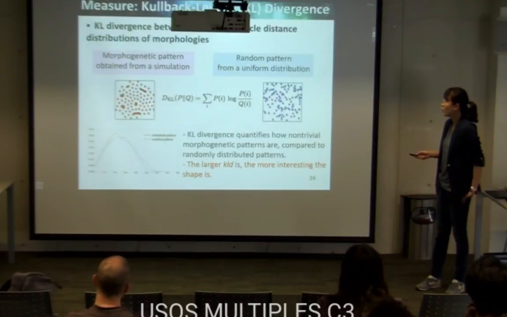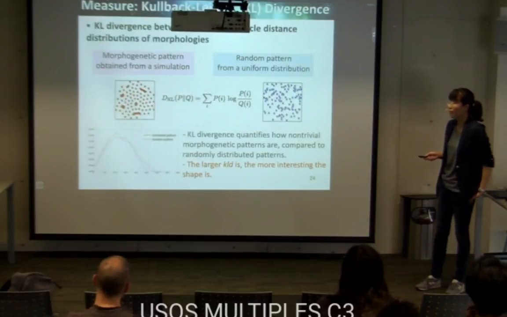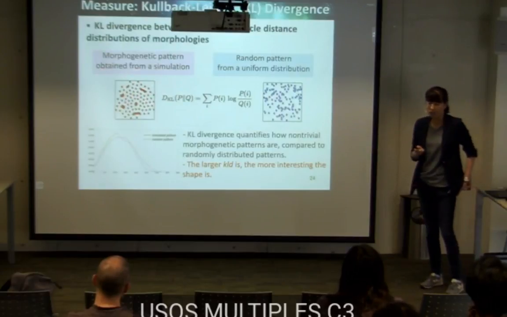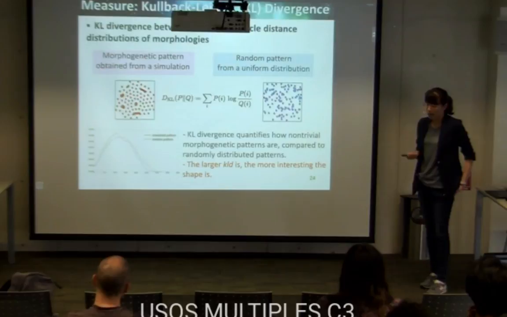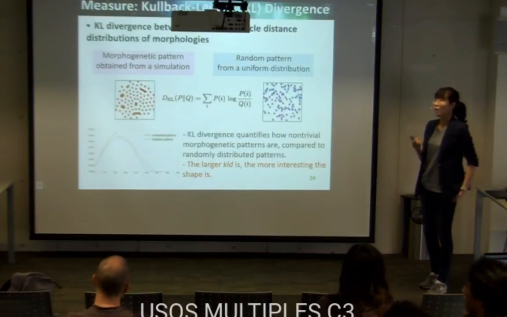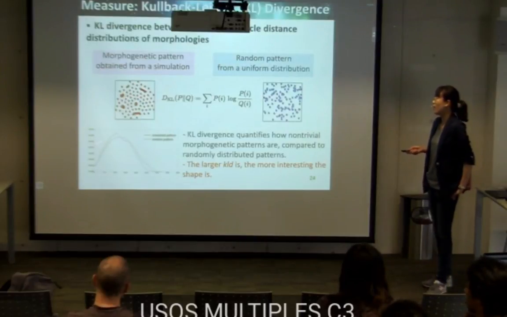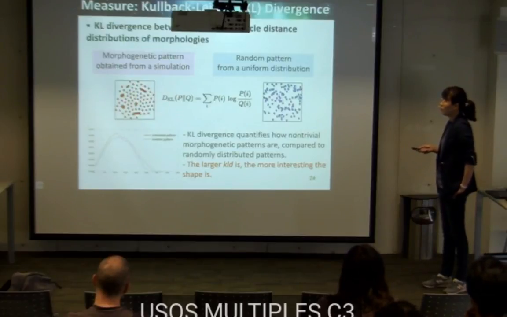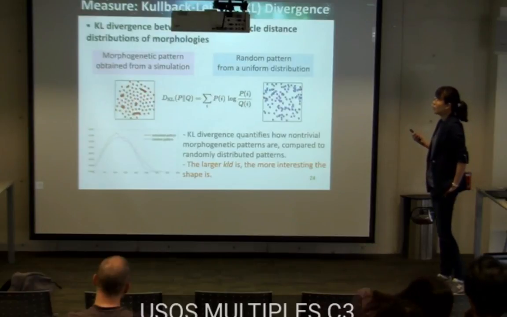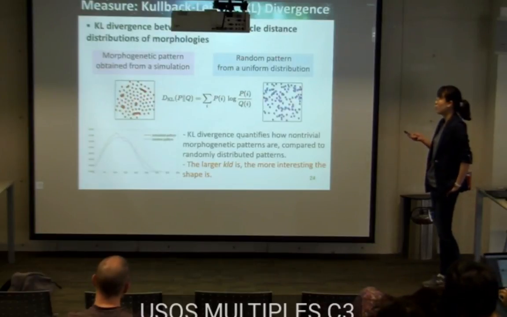In a morphogenetic pattern, we randomly sampled 2 points, and then we calculated the Euclidean distance between them. By iterating this process 10,000 times, we got a pairwise particle distance distribution. Similarly, we got a pairwise particle distance distribution from a random pattern.